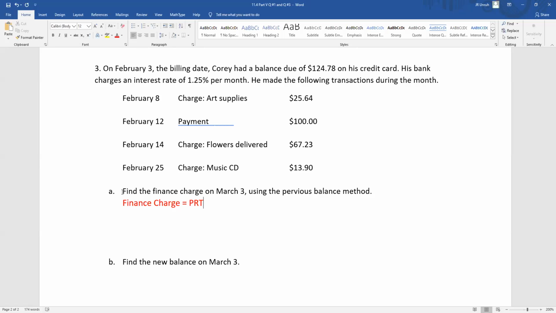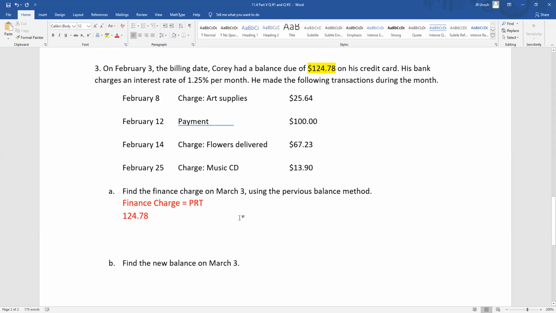Well, the principal for the previous balance method is simply the previous balance, which is $124.78. That is stated in the problem.